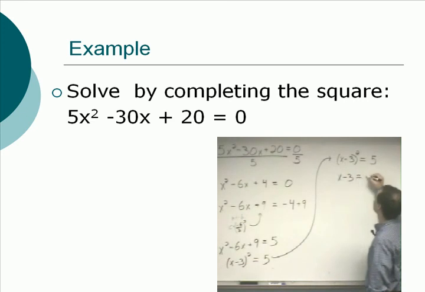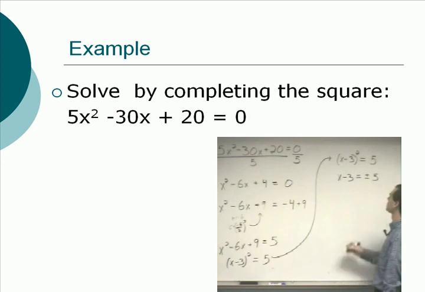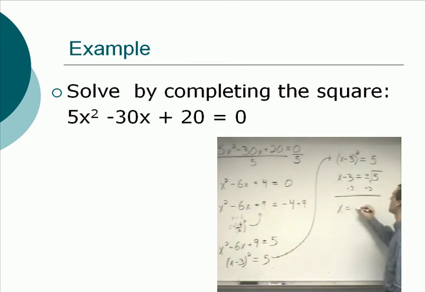X minus 3 is equal to plus or minus the square root of 5. And we'll get x by itself by adding 3. So in this case, as it turns out, x is equal to 3 plus or minus the square root of 5.